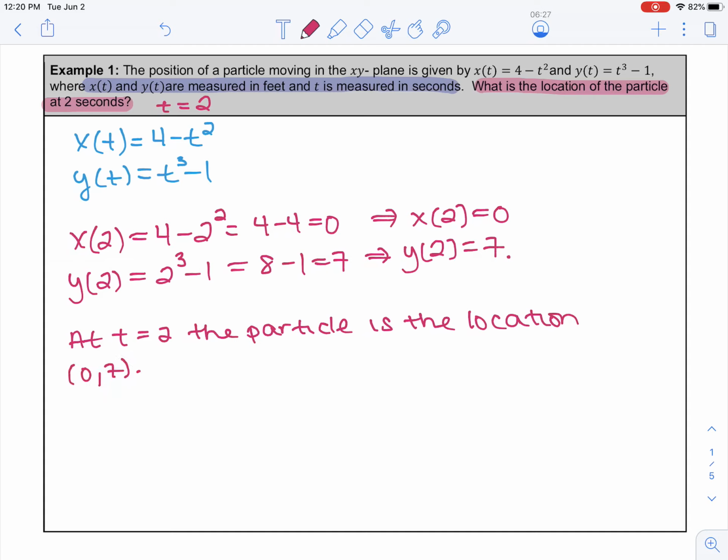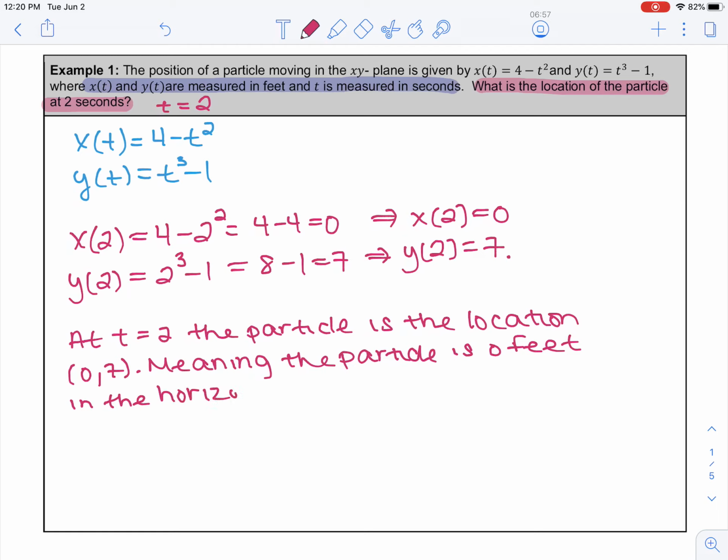And what that means is that the particle is 0 feet, remember that feet is our unit of measure for our x of t and y of t functions, and 0 was an output of our x of t function. So the particle is 0 feet in the horizontal direction, and 7 feet in the vertical direction.